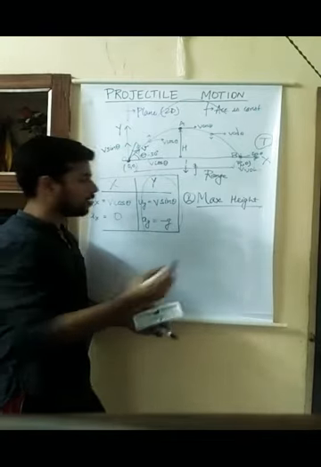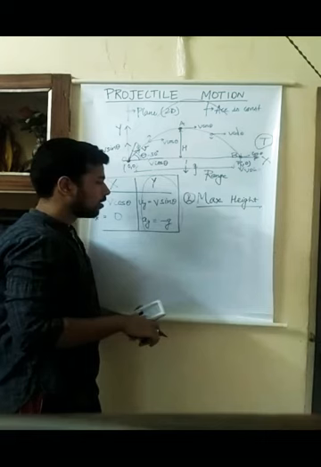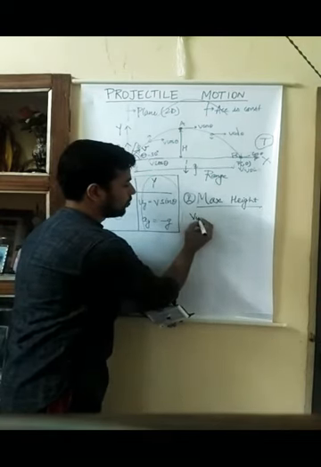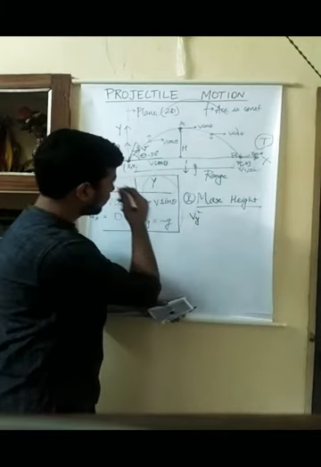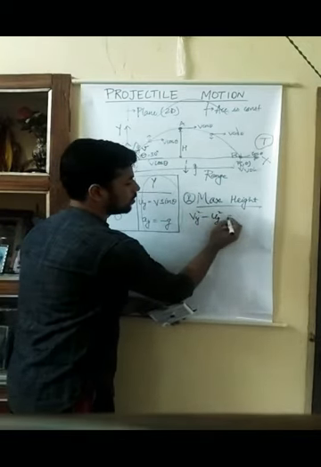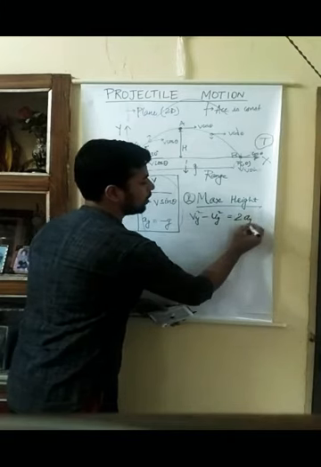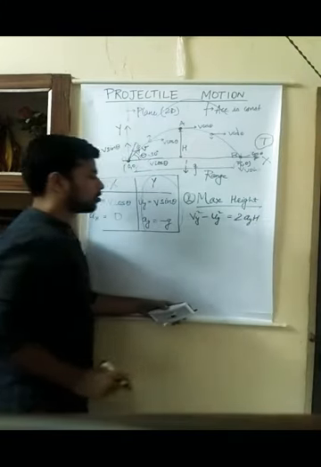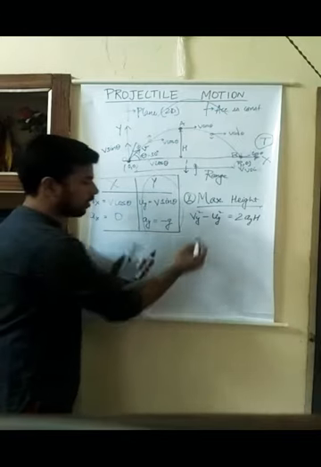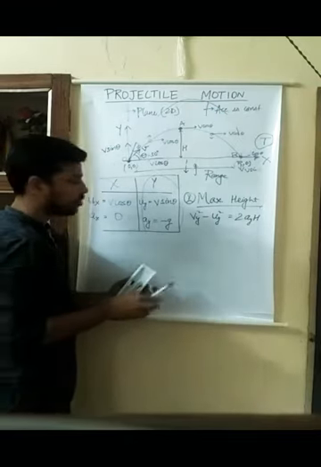So using our simple kinematics formula, vy square minus uy square is equal to 2 ay h. Here vy is the final velocity in the y direction, that is 0.